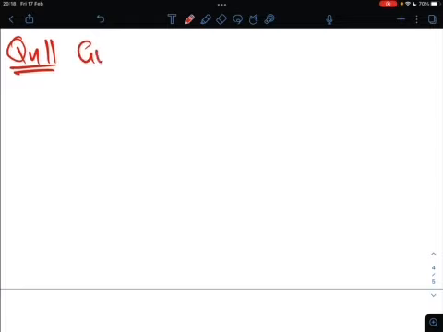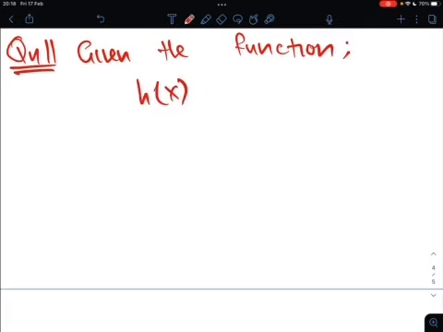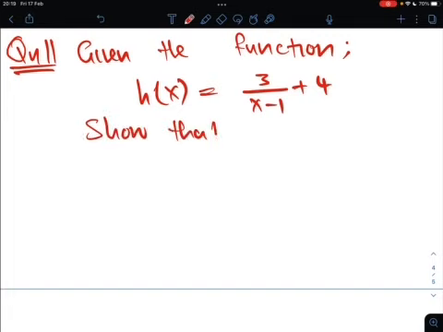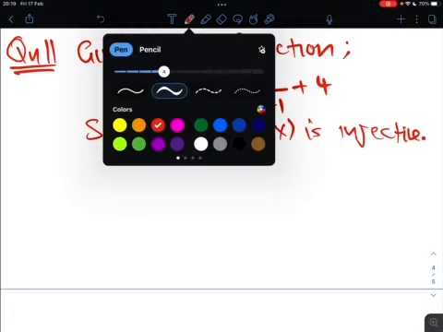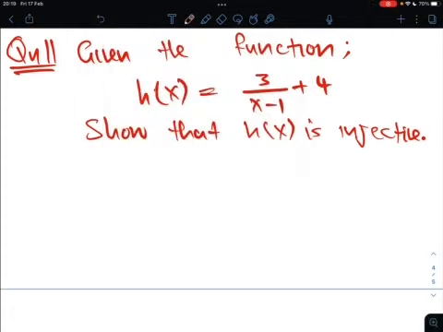So given the function h of x, which is defined as 3 over x minus 1 plus 4, show that h of x is injective. So now I'm not going to do this problem using the two definitions.